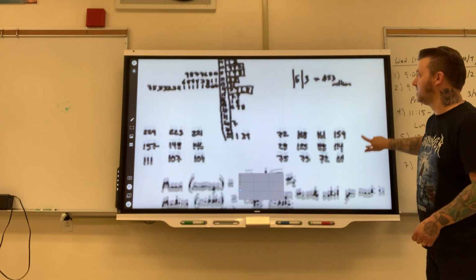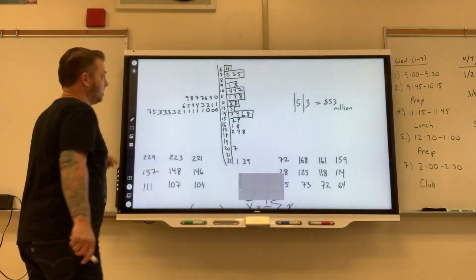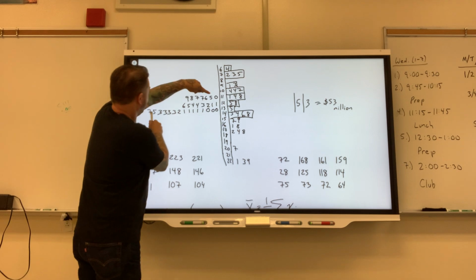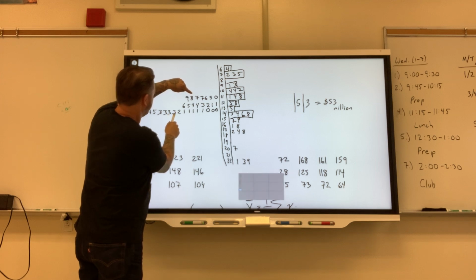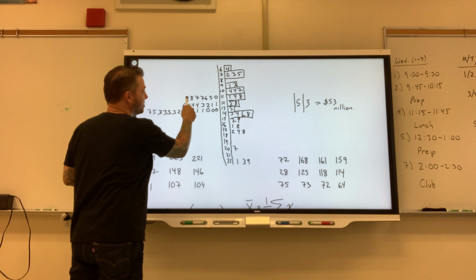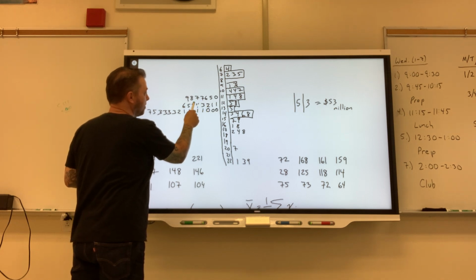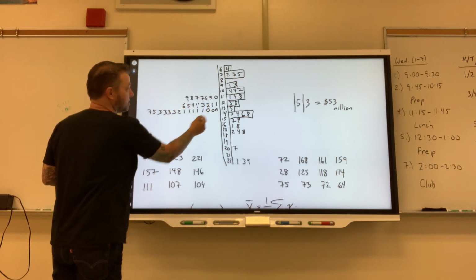So looking here, start there. 1, 2, 3, 4, 5. Well, there's 30, right? 1, 2, 3, 4, 5, 6, 7, 8, 9, 10, 11, 12, 13, 14, 15. So the median is going to be between 126 and 130.